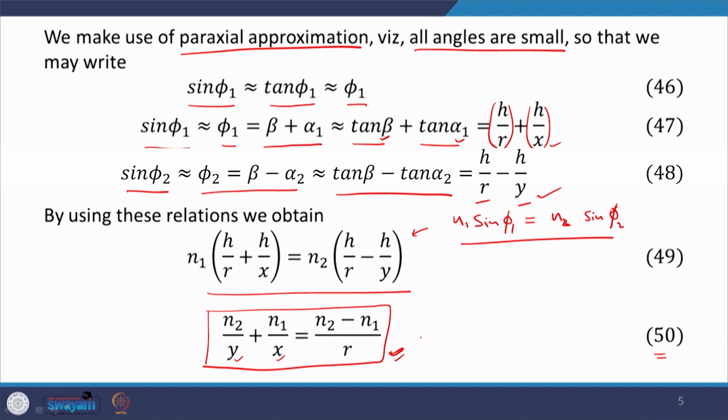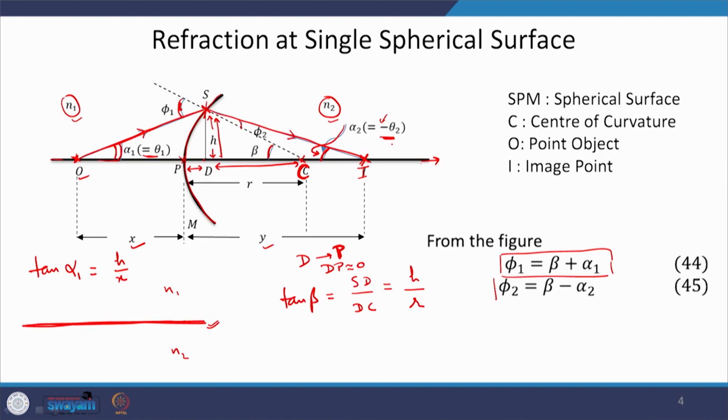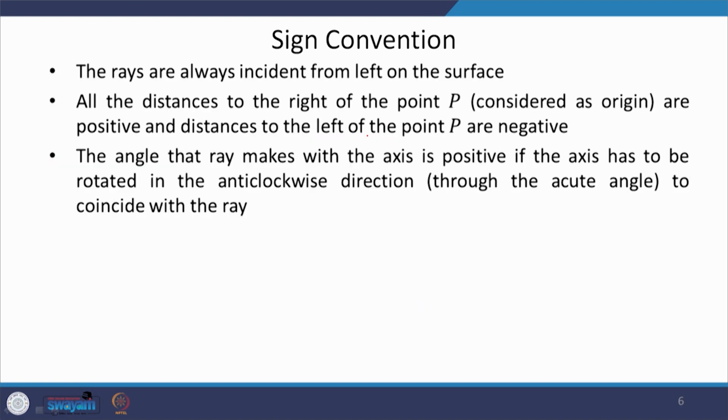But before moving ahead, let us talk about the sign convention which we discussed here. You can see that I equated alpha 2 with minus theta 2. Now, what is this sign convention? Suppose you have an axis system with origin here at the center.